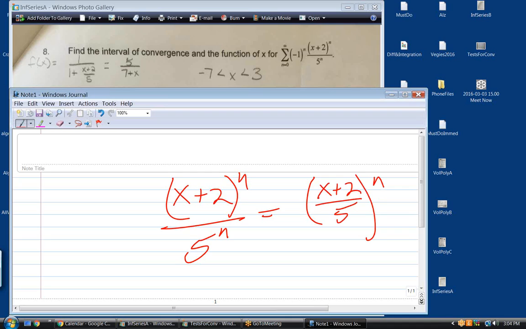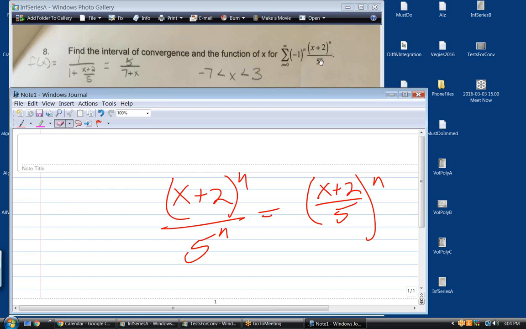What rule is that? They're both to the n power. It's a rule of exponents: a over b to the n is the same as a to the n over b to the n. That's key in some of these.